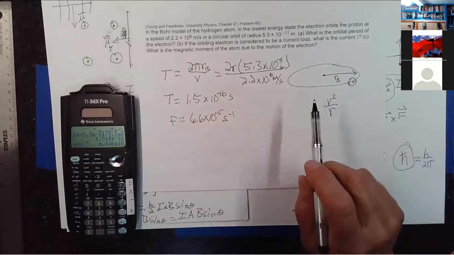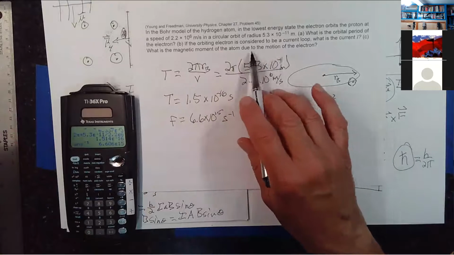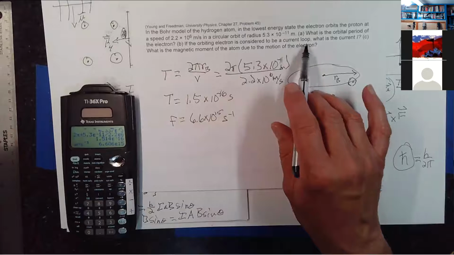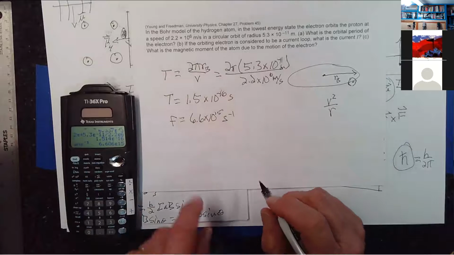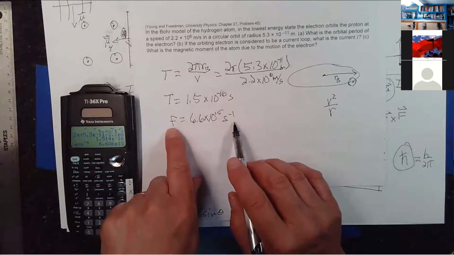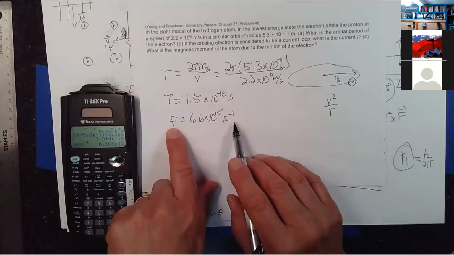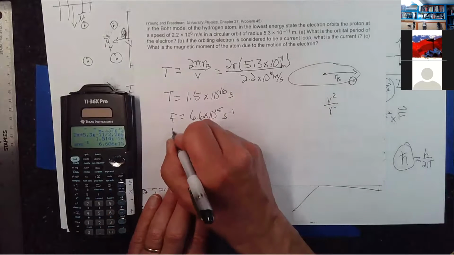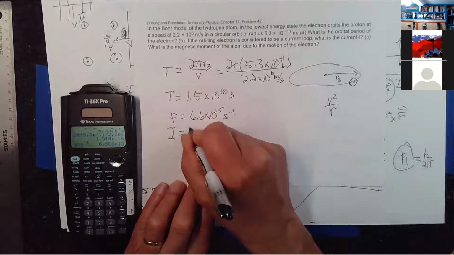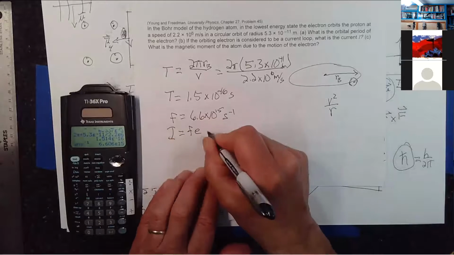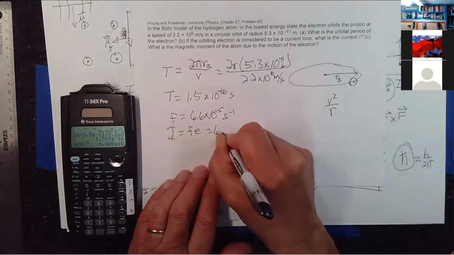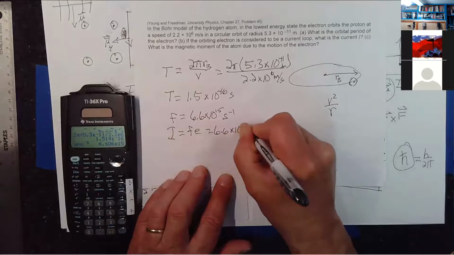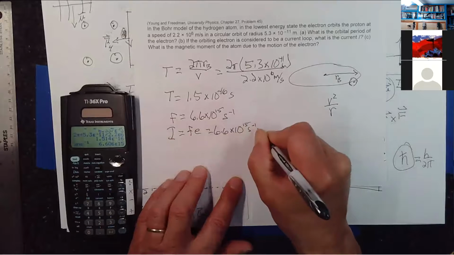Okay. If the orbiting electron is considered to be a current loop, what's the current I? Well, if I just multiply f times e, the charge on the electron, I'll get coulombs per second. And the effective current is just going to be that, f times e. So 6.6 times 10 to the 15th, seconds to the minus 1.